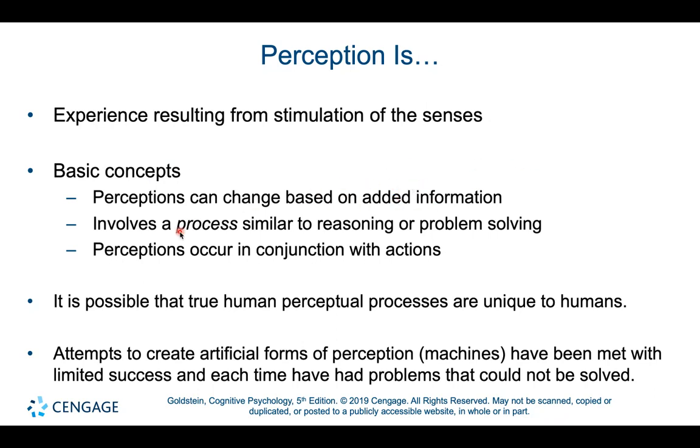Perceptions involve a process that in many ways is similar to reasoning or problem solving, except your brain is doing it on its own. And perceptions occur in conjunction with action. There's a sort of reciprocal relationship between perception and action.